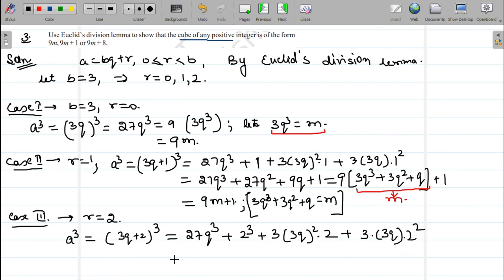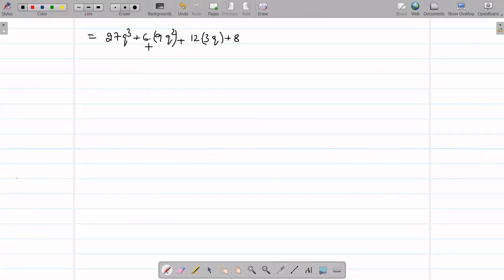So if I open all these, I will ultimately get 27q cube plus 8 plus 3 into 2, 6 into 9q square plus we will have 3 into 4, 12 into 3q. So 27q cube plus 6 into 9q square plus 12 into 3q plus 8.